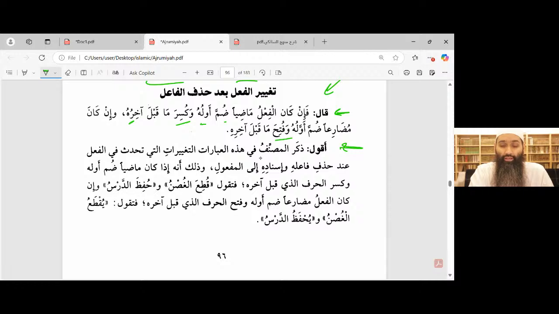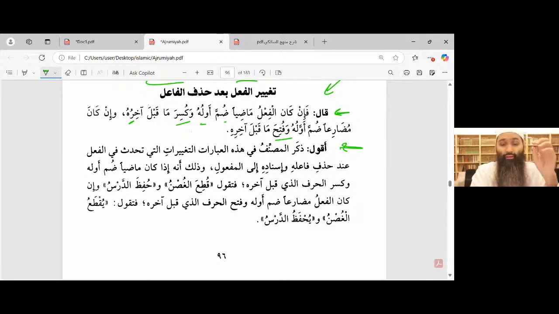The Musannif in these ibarat, in these statements that he's just made, is talking about taghyirat, the changes which happen to the fi'l when its fa'il is deleted and when it is attributed, or attached, to the maf'ul.